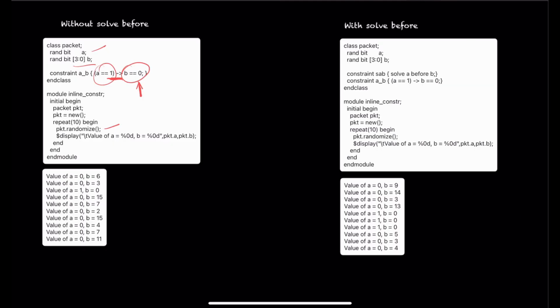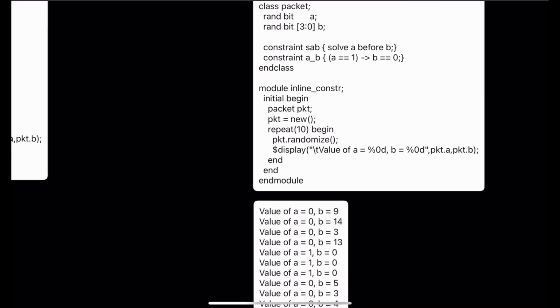Suppose we have written solve A before B. So what the constraint solver will do is randomize A first. Suppose it has randomized A equal to 0 for 4 times. We'll get any value of B out of 1 to 15: 9, 14, 3, 13.